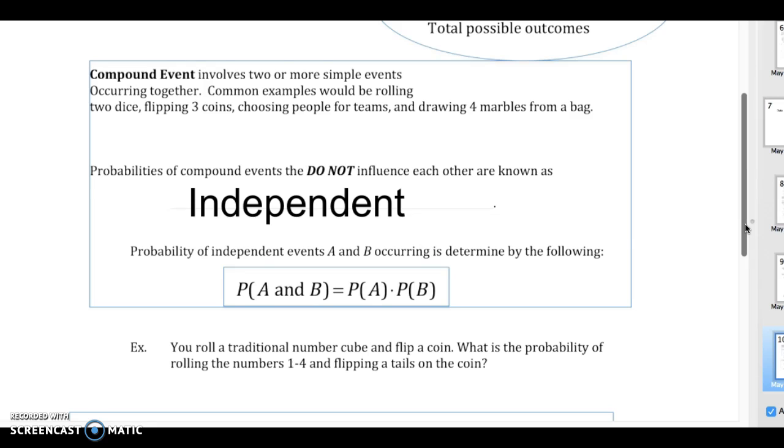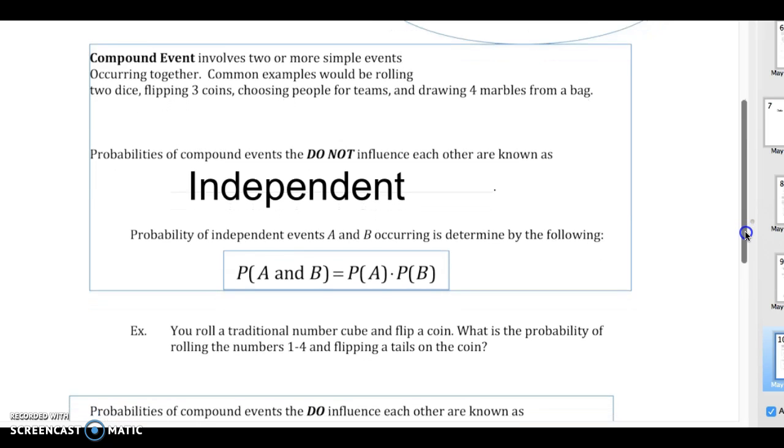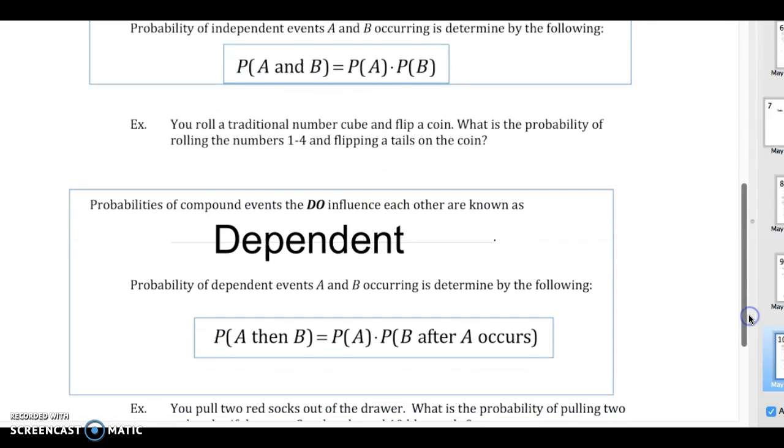Or if you're pulling a marble out of a bag, as long as you put the marble back in, it doesn't have any effect on what's going to happen next. So with something like dependent values, what happens first really helps determine what's going to happen in the second event.